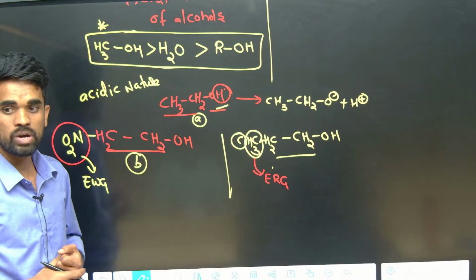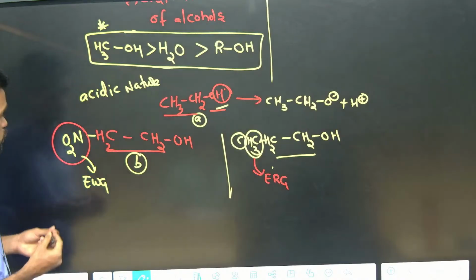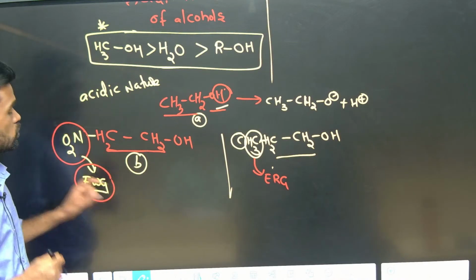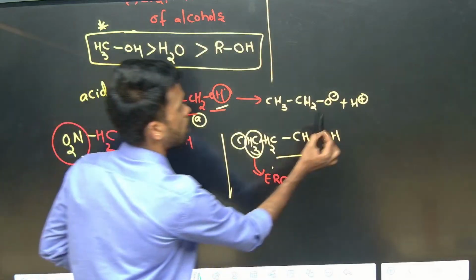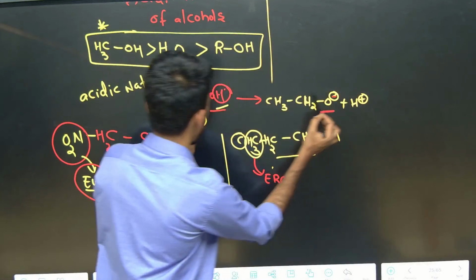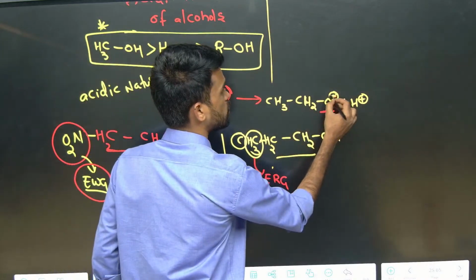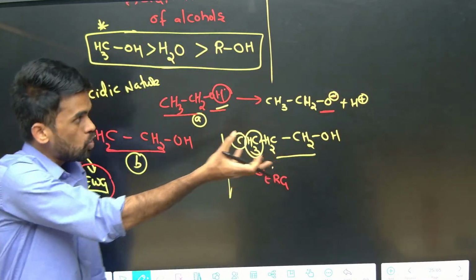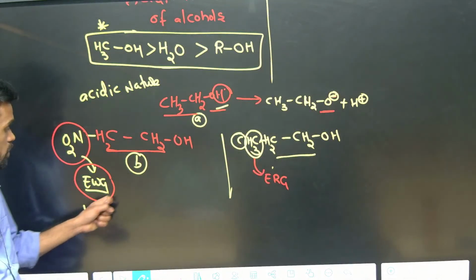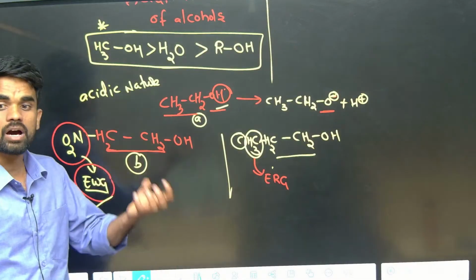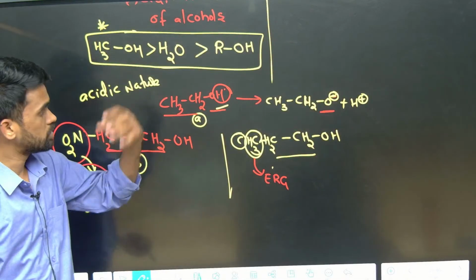Tell me, how can we answer that? See, here what type of group do we have? Electron withdrawing. If there is an electron withdrawing group, after the acid releases the H plus ion and forms this conjugate base, this negative charge will be more stabilized by the electron withdrawing group. So wherever we have electron withdrawing groups, those alcohols are more acidic than the others.